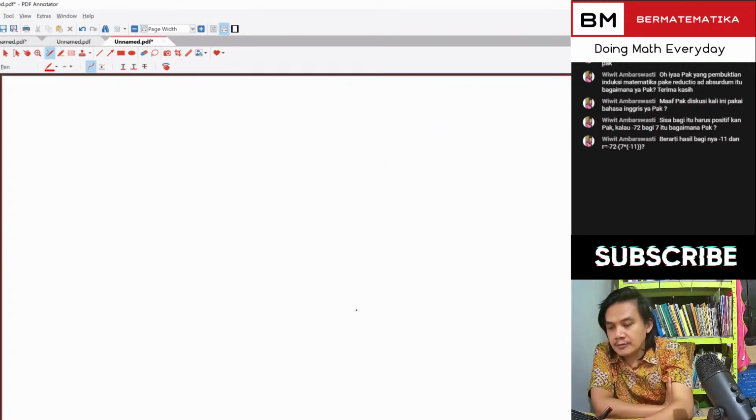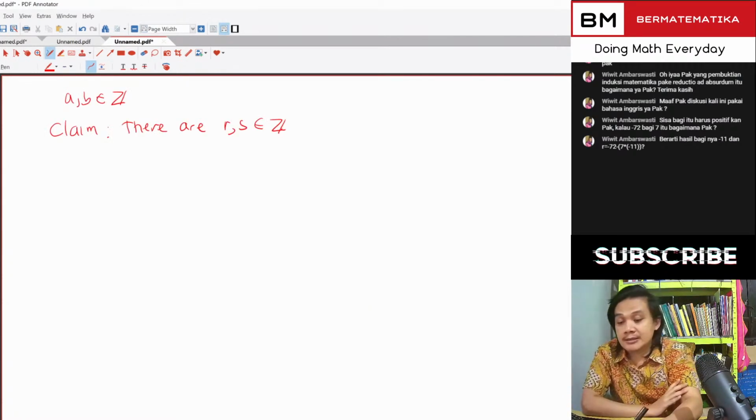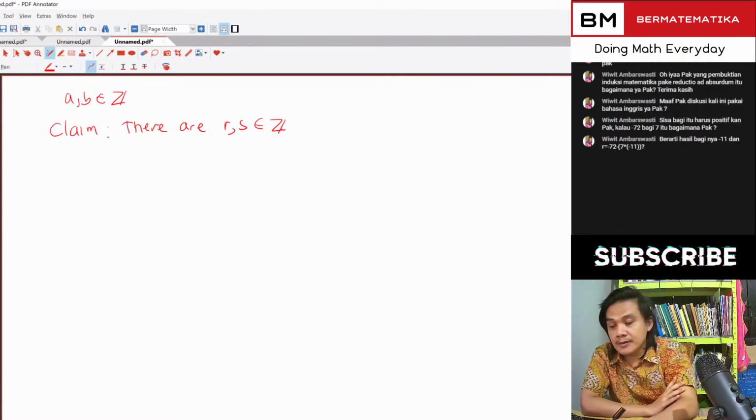So we have A, B integers, the claim: there are integers R, S such that the GCD of A, B is equal to RA plus SB.